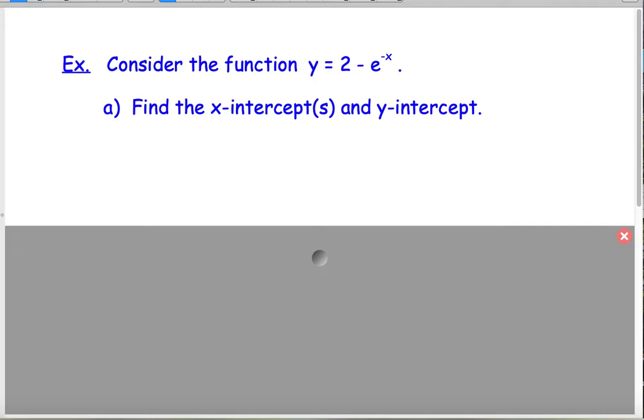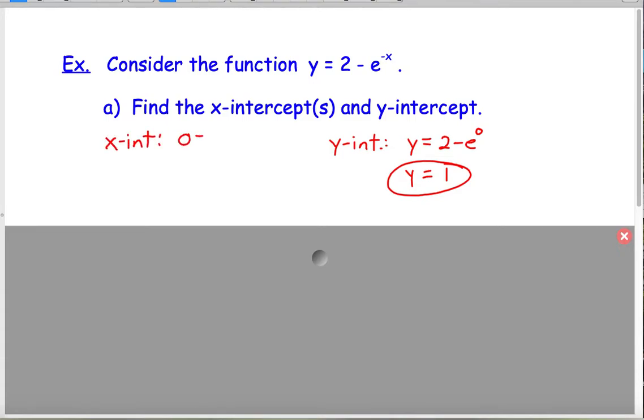Well, let's start with the y-intercept, because that's usually easier. We set x equal to 0. So y is equal to 2 minus e to the 0, which is 1. So that's just y equals 1. For the x-intercept, we set y equal to 0.